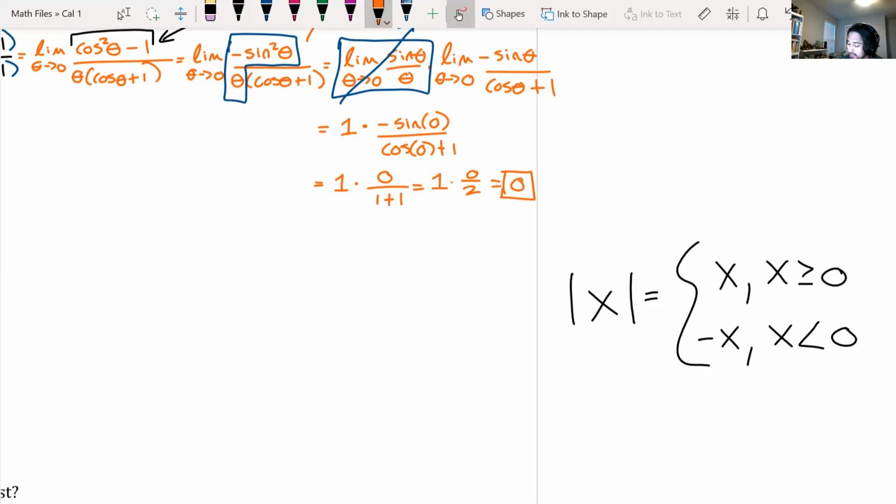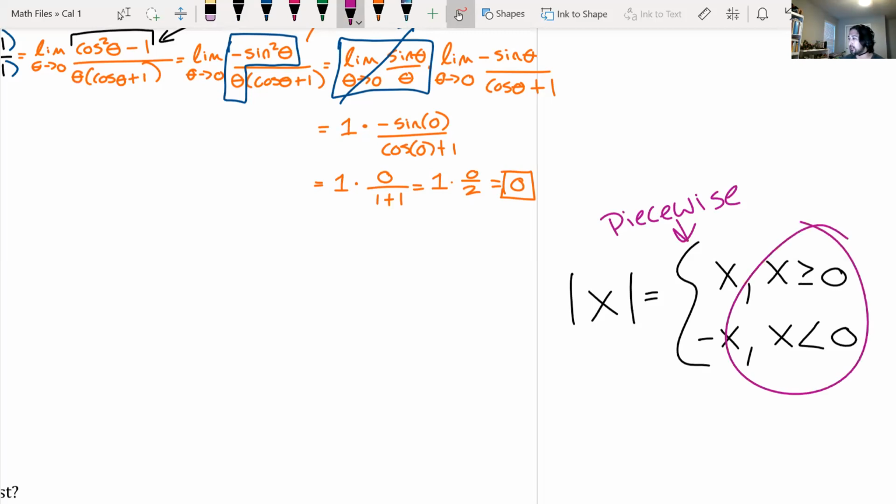And if you forgot what a piecewise function is, well, this is a piecewise function. A piecewise function is a function made of multiple outputs with different restrictions. That's all it is.